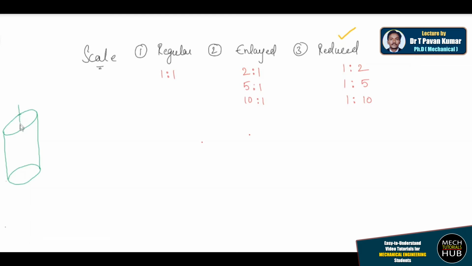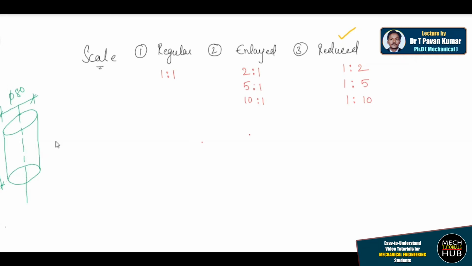Here you find an axis line. It has a diameter of 80 and a height of 200 mm. This phi is the representation of diameter.